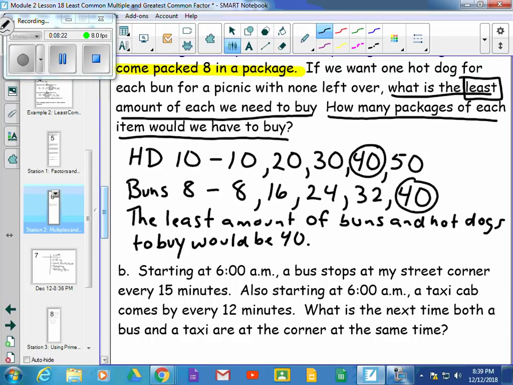Now the second part says, how many packages of each item would we have to buy? You can use your list to help figure this out. If I look at the hot dogs, I just want to count how many multiples it takes until I get to my least common multiple. It takes 1, 2, 3, 4 multiples to get there. That means it's going to take 4 packages of hot dogs.